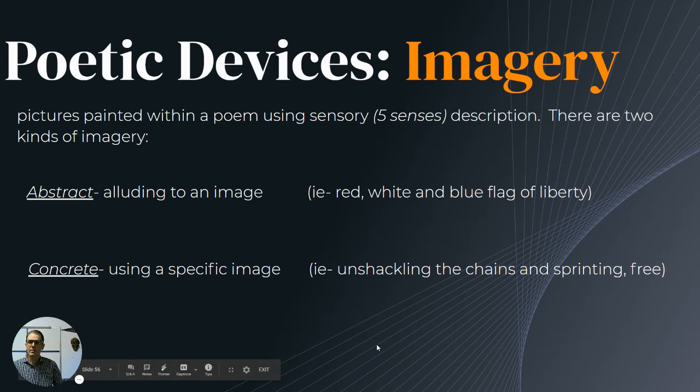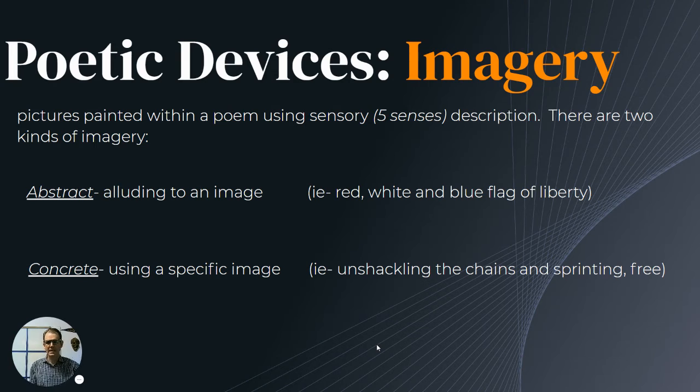All right, so then we have imagery, and we've talked about imagery throughout our literary analysis, but it's important in poetry too. These are pictures painted within a poem using those 5 sense descriptions, right? Sight, sound, smell, taste, touch, all right? There are 2 kinds of imagery. There's abstract, which alludes to an image. We talk about red, white, and blue, flag of liberty.